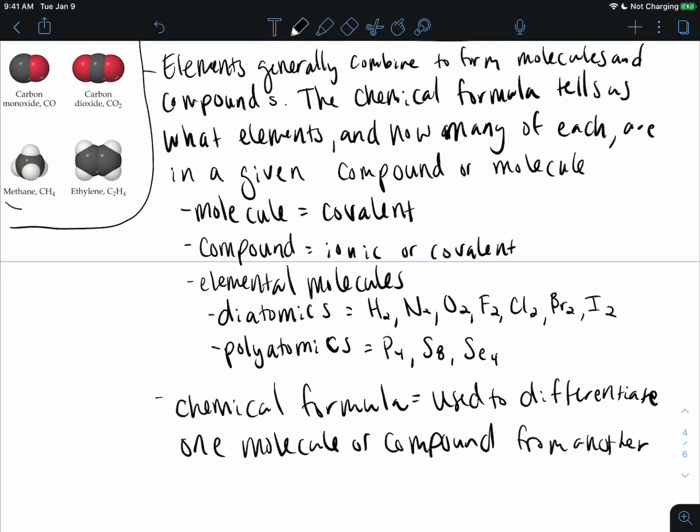For instance, if we look at methane versus ethylene, they are both substances that have both carbon and hydrogen, but they are very different because of the amounts of each of the elements they have and the way that they are bonded.